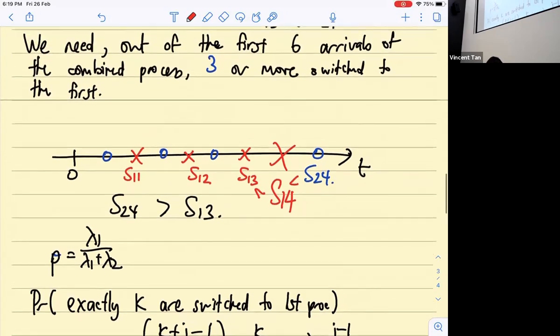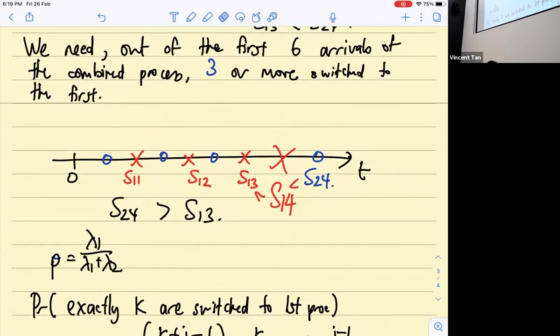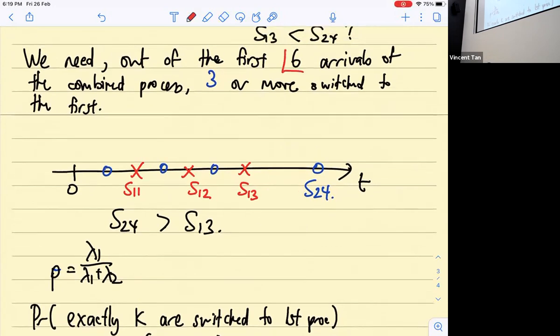So out of the first, to generalize this number here, K plus J minus 1, the total number of arrivals minus 1, we need K or more to switch to the first. Let me repeat, looking at this picture. This is our 3 plus 4 minus 1, and this is 3.